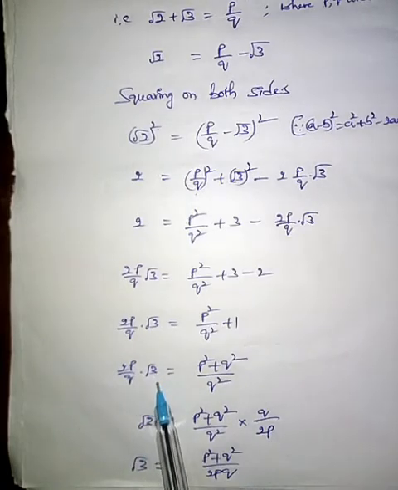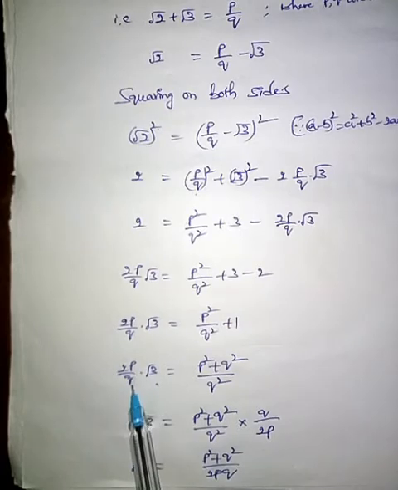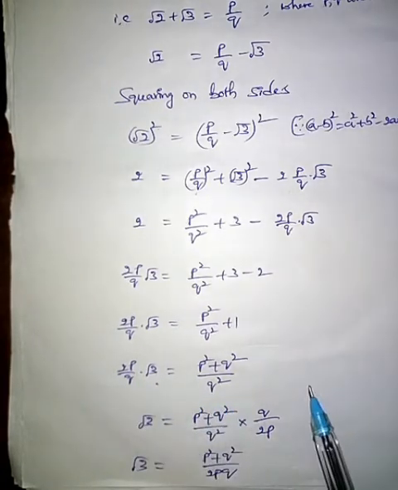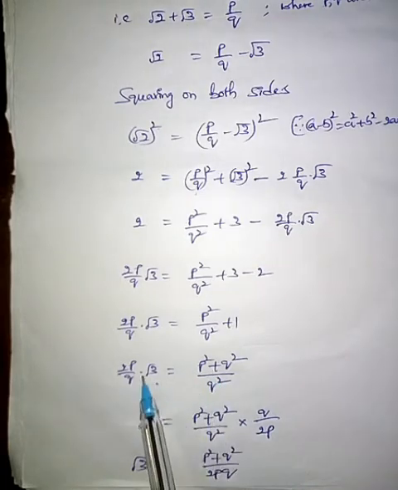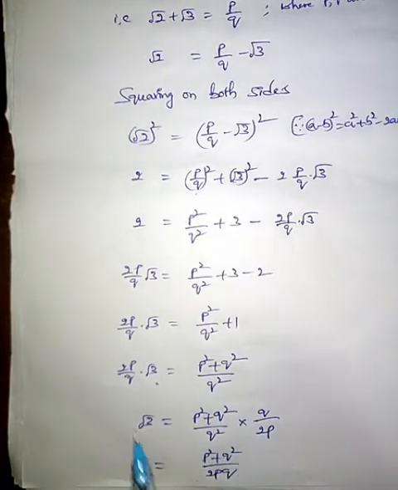Place the root 3 value as it is. Here 2p by q multiplies root 3, that's why it will divide the value on the RHS. So that is root 3, write the root 3 as it is, p square plus q square by q square also as it is. Now transpose the 2p by q, so it will be q by 2p, the fraction changes.